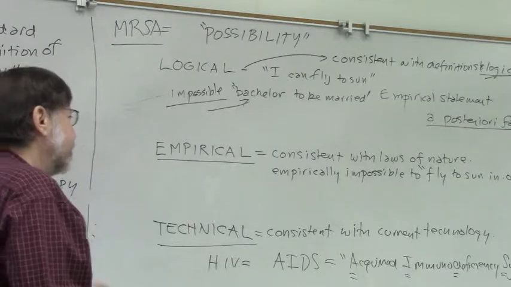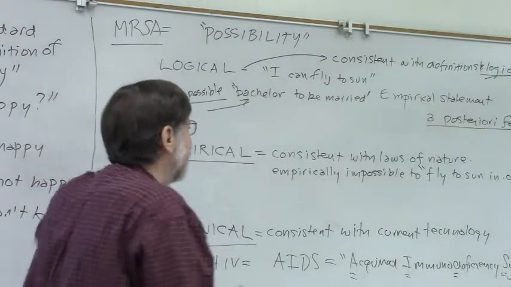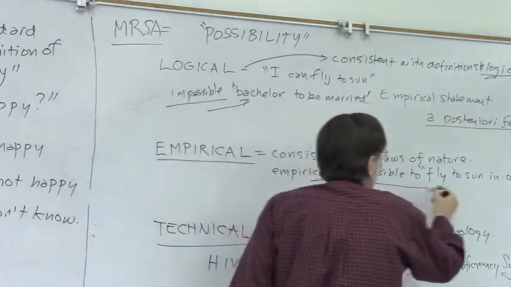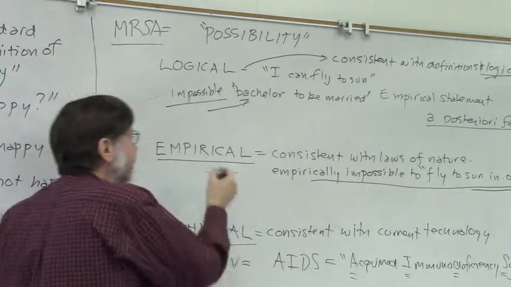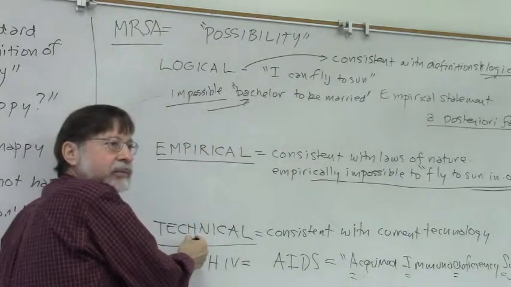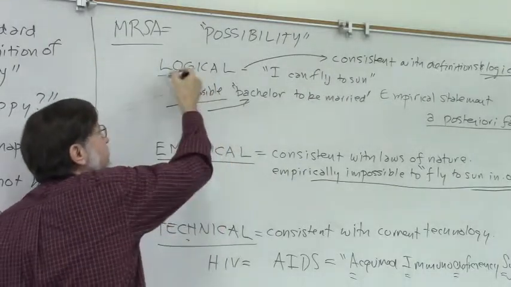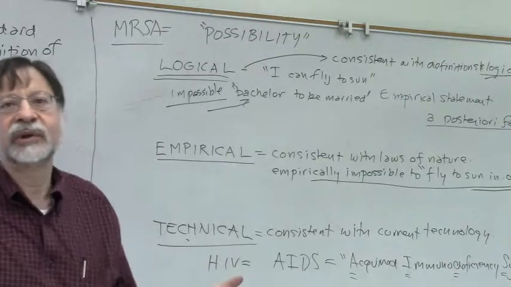All right, so what's empirically possible isn't always known. That's what's consistent with the laws of nature. It's not possible to fly to the sun and back in 0.01 seconds. And if it's empirically impossible, we're saying it'll never be technically possible. If it's logically impossible, it doesn't even make sense to say it's empirically possible.